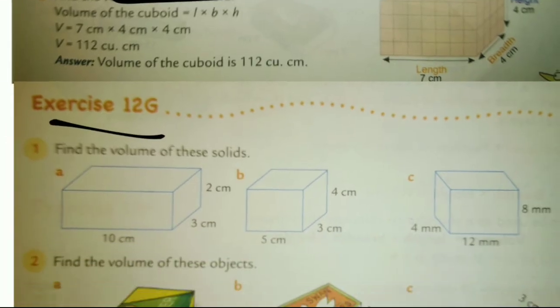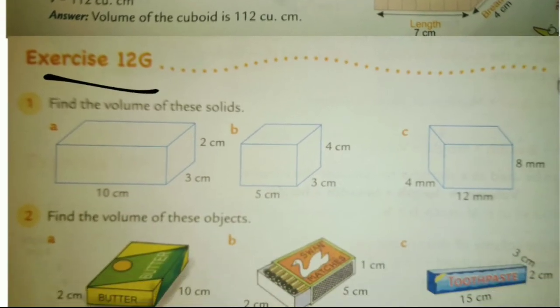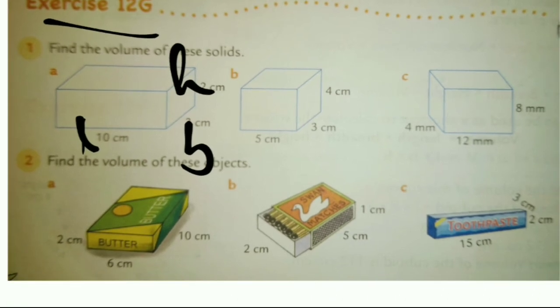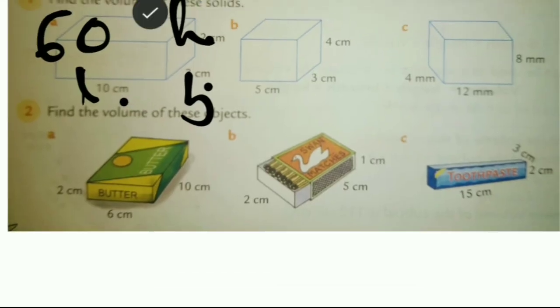Exercise 12G. These are the figures. We can see length, breadth and height. So just now we have learned it is multiply by length into breadth into height. So 10 into 3 into 2, that will come 60. And what is the unit of volume?